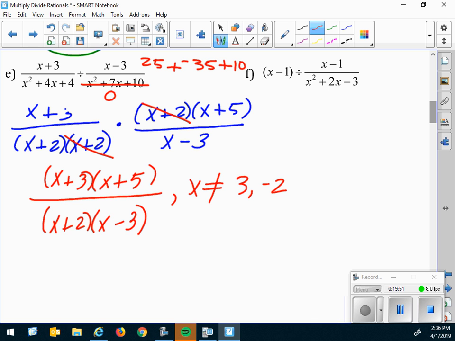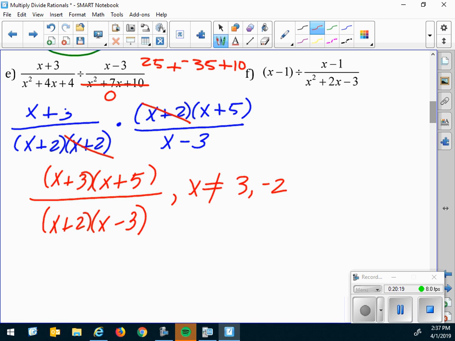Now, is that a problem? I can't divide this by something that doesn't exist. Can you reciprocal something that doesn't exist? No. If it doesn't exist, I can't take the reciprocal. Here's the deal.